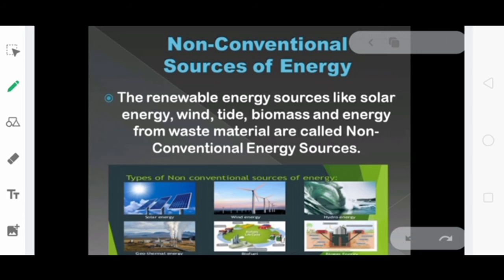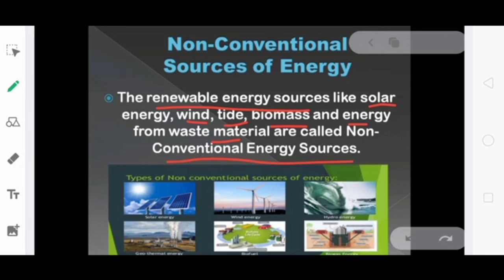Now we will see the non-conventional sources of energy. The renewable energy sources. So it keeps on renewing, or it can be used again and again, like solar energy, wind, tide, biomass and energy from waste material are called non-conventional energy sources.